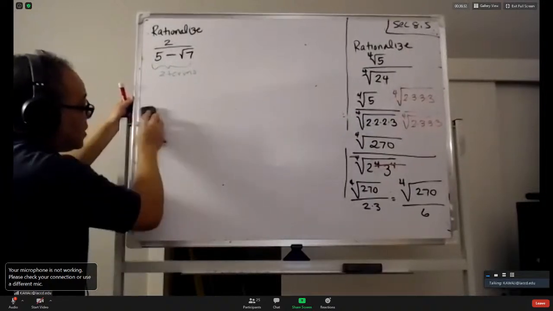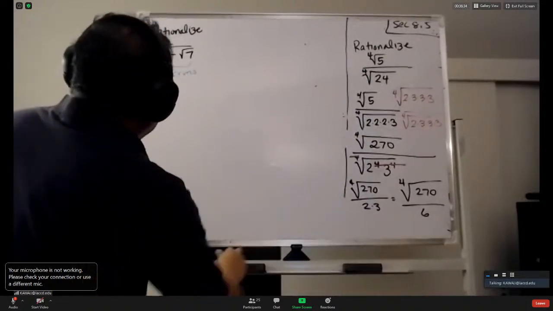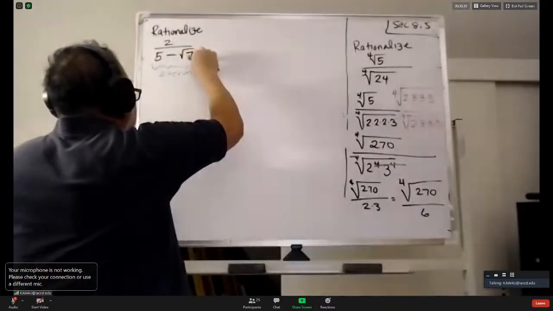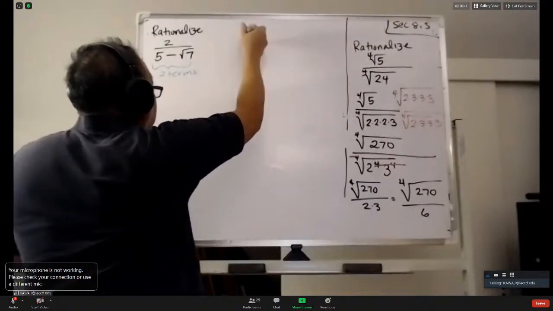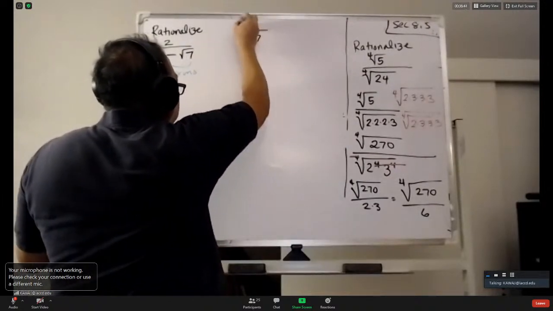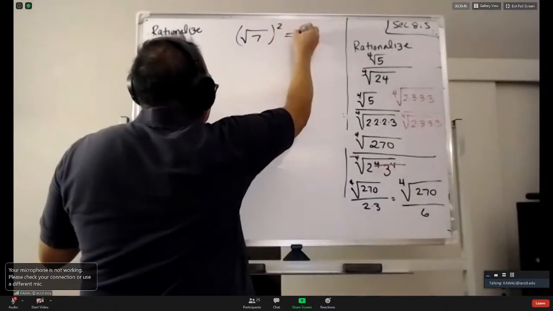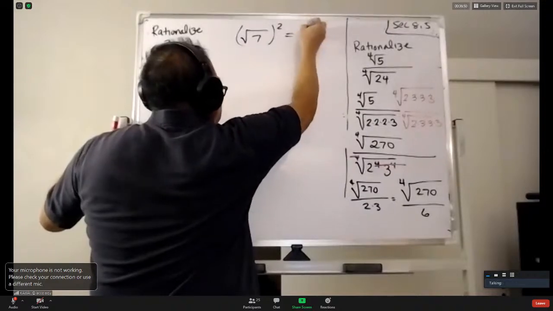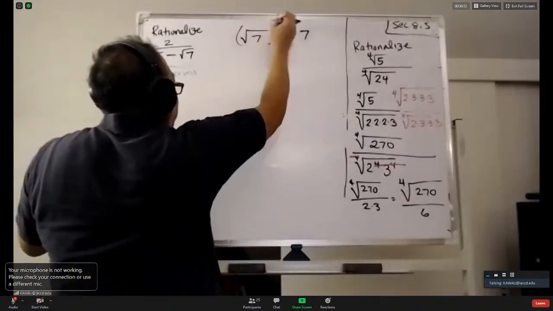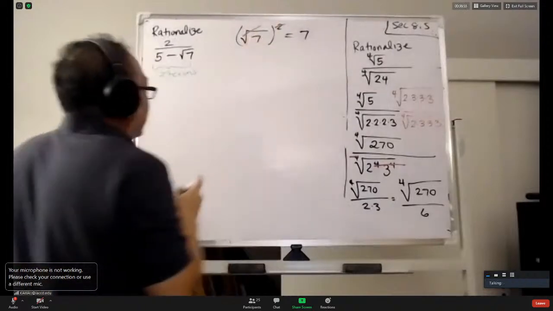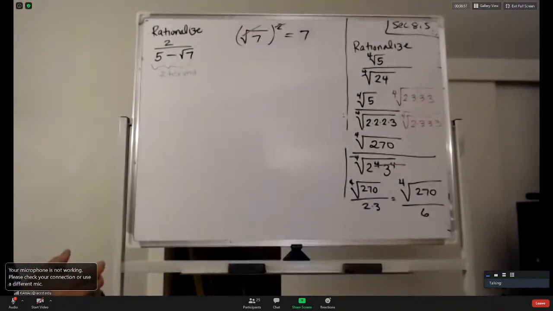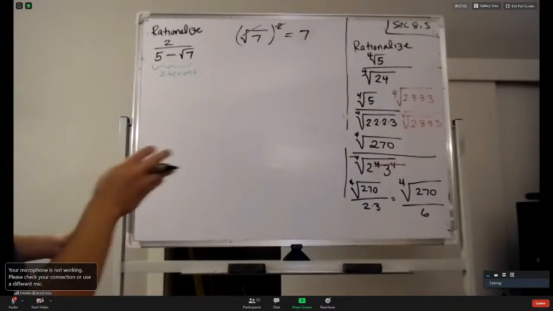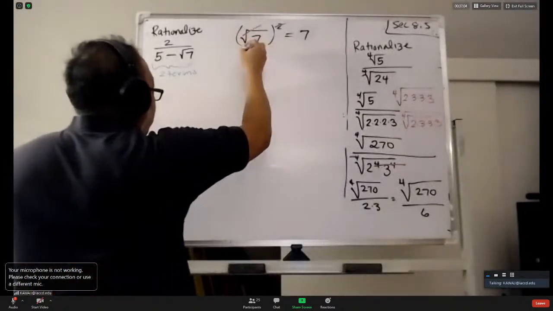So we have to use a different strategy. So what we want to do is really square that. I know, really square that, because I know that this is true. Squares undo square roots. So what we want to do is we want to square this somehow. Okay. So what we're going to do is we're going to multiply by the conjugate. Okay. Now it's a big word. Let me explain what that word means.